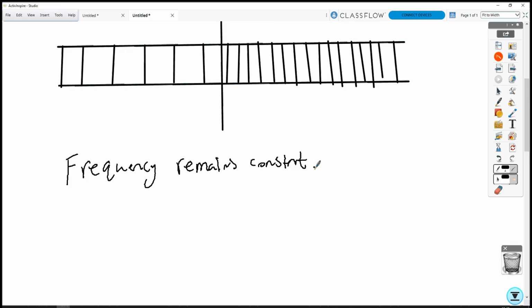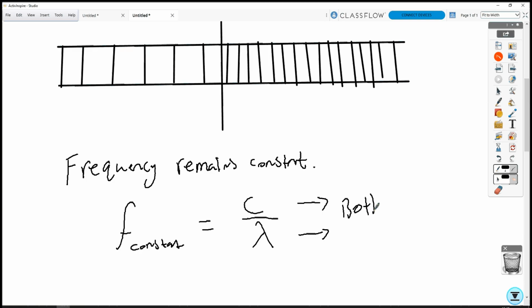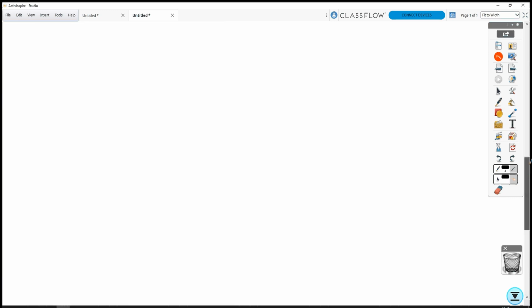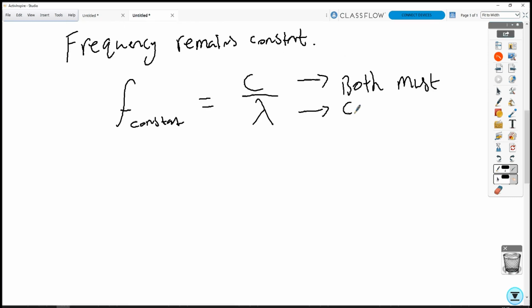And so if frequency is constant, that's equal to c over lambda. So both of these must change. So both the speed decreases and the wavelength of light also decreases.